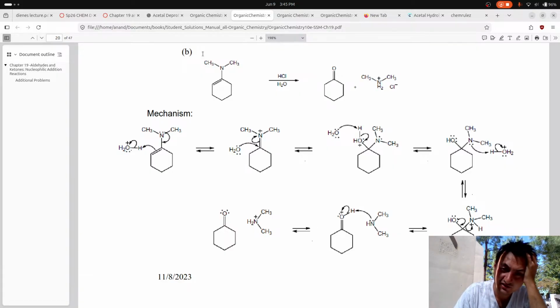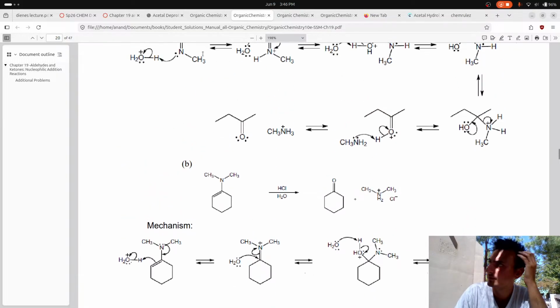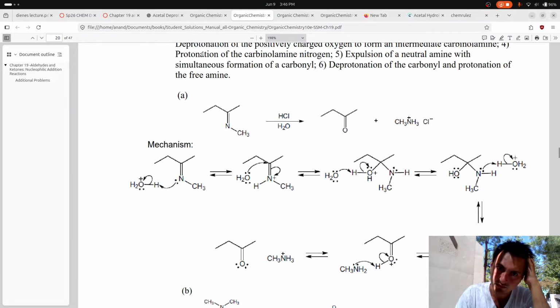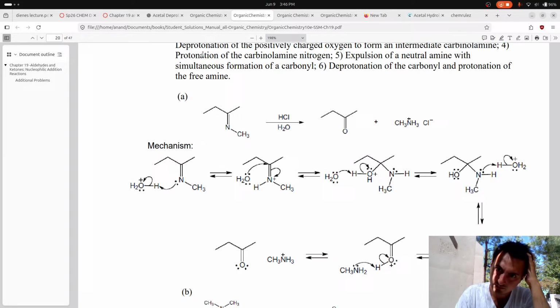So the main thing is if we have an imine in acid and water, we can form a ketone. So we can turn an imine into a ketone. That's a pretty good mechanism.